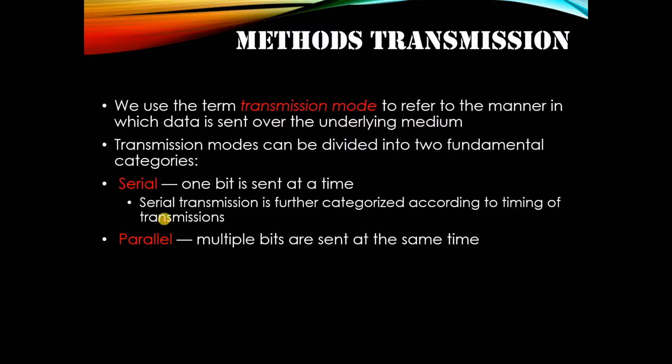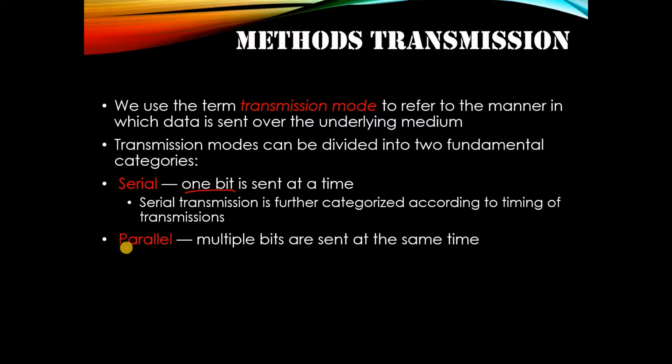In the same way, serial transmission will transmit one bit at a time. It doesn't mean it can transfer only one bit. It can transfer many bits, but at a time only one bit. So that is serial transmission, one by one.